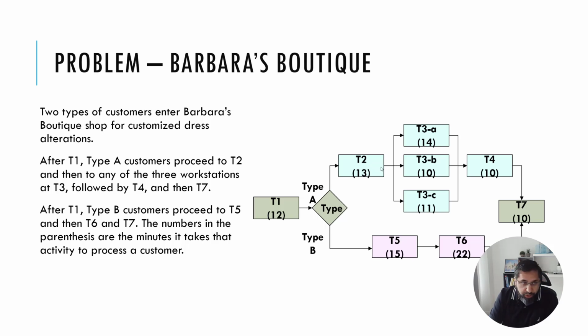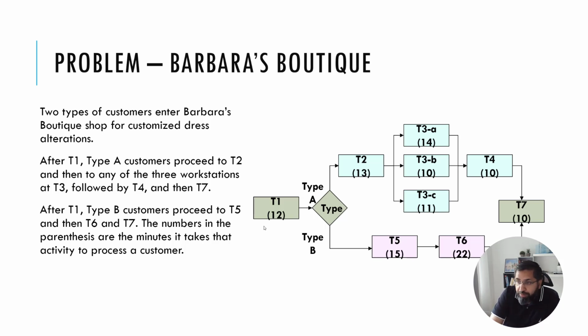Then it'll go to step T3, whichever of the workers is available. Notice there is only one step T3. A, B, and C refer to different workers that can do step T3. So each unit will only go through one of them. So either it'll go to T3A, T3B, or T3C. Okay. So for every unit, only one of T3A, B, or C will happen. Then it'll go to T4, then T7, and that's the end of the process.